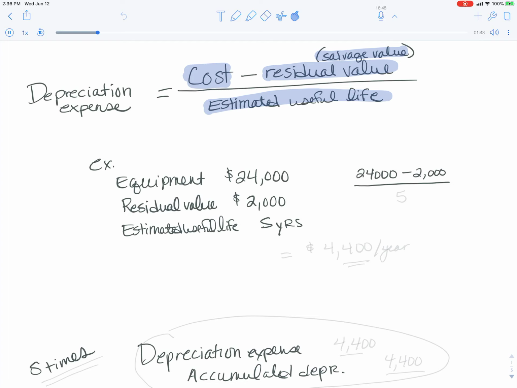And then we have an estimated useful life of 5 years. So this gives us a depreciation expense every year of $4,400 per year. So we're going to record depreciation of $4,400 5 times.